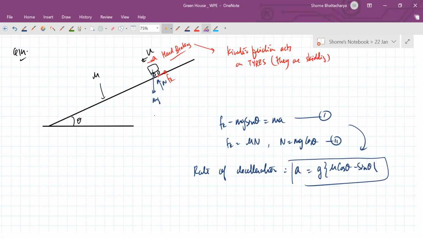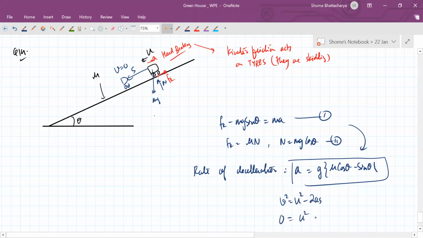Then you can see that having applied the hard brakes, if your vehicle is stopping after covering some displacement s, so v square is equal to u square minus 2as. So 0 is equal to u square minus 2 times g into s. So from this you'll get the value of s.